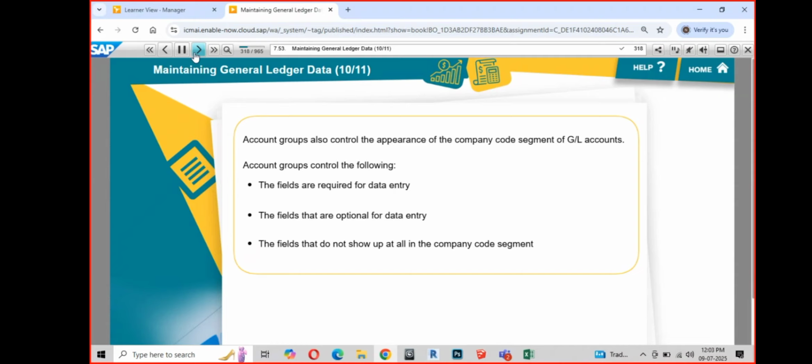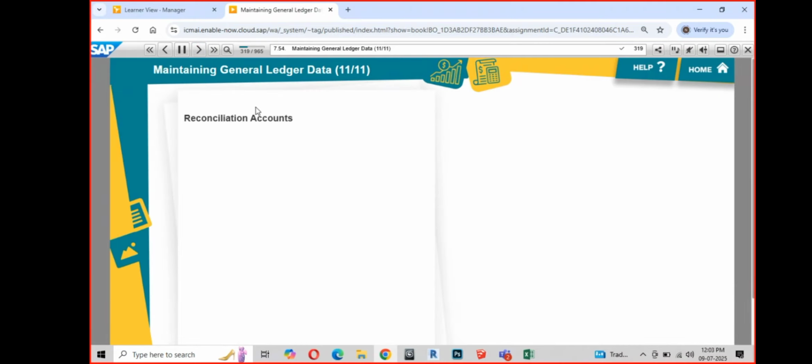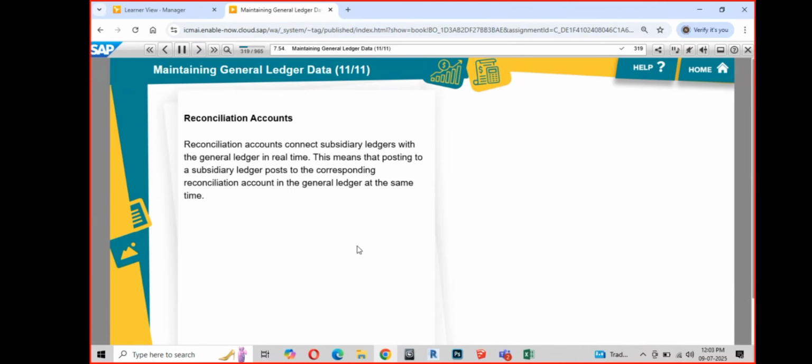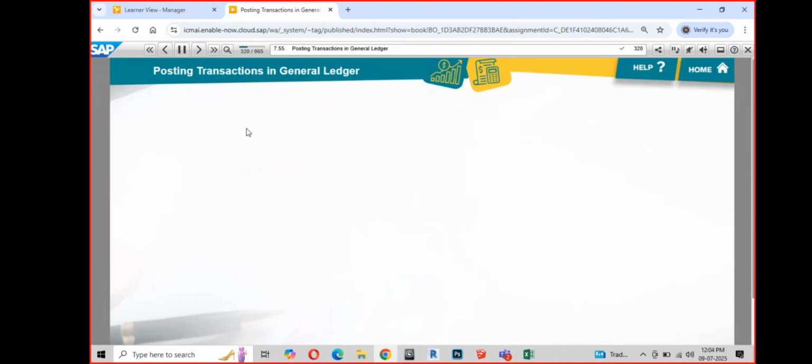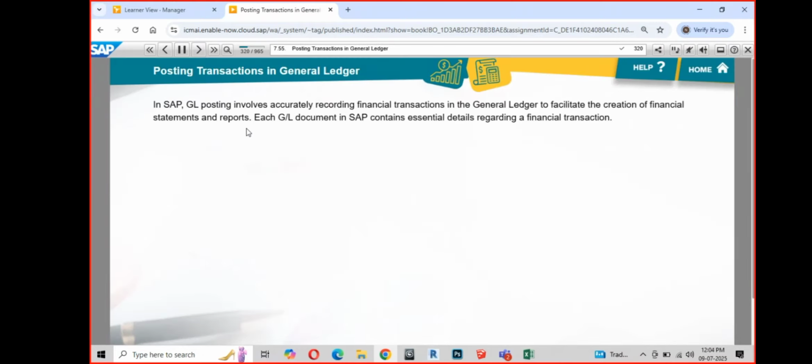Now, we saw enough and more of the reconciliation account. Posting transactions in the general ledger. What is posting? Nothing but saving the transaction: entering the transaction and saving.